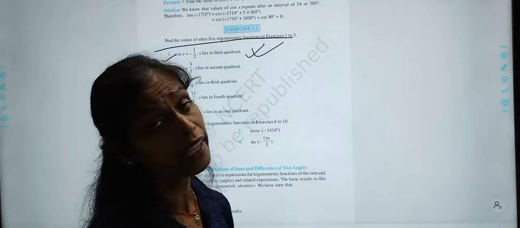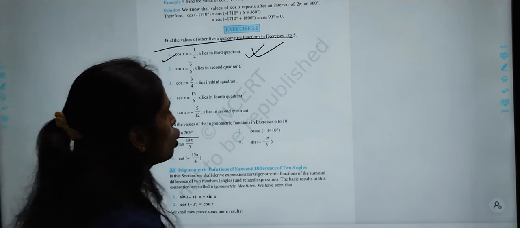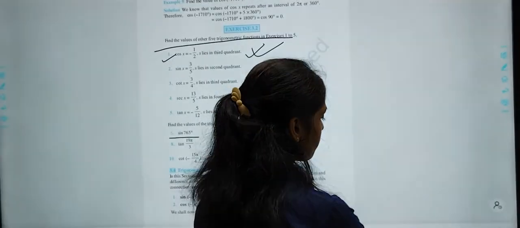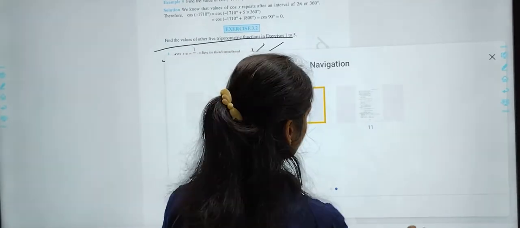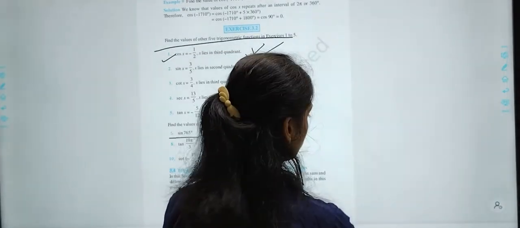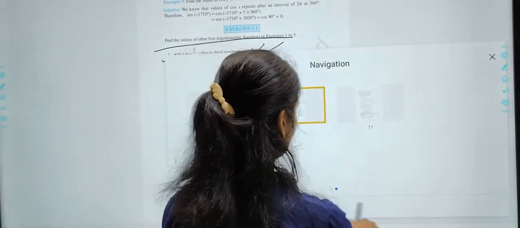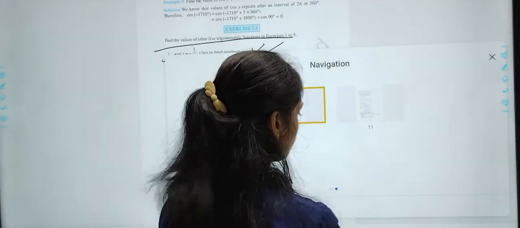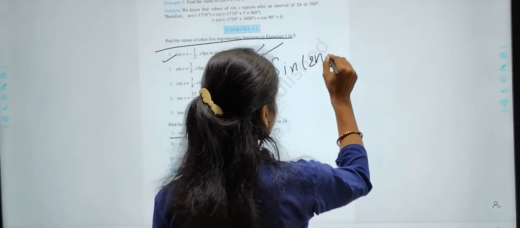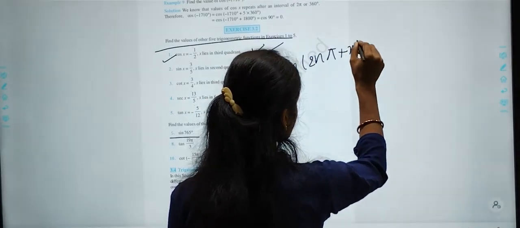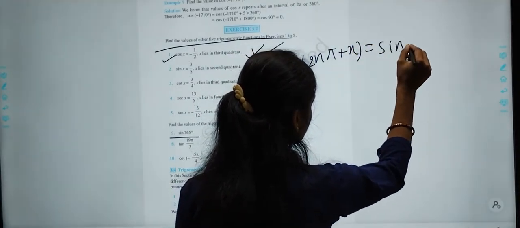And question number 6 is sine of 765 degree. Now how will we find out the value of the trigonometrical function? Then you know that sine of 2n pi plus x is equal to sine x.